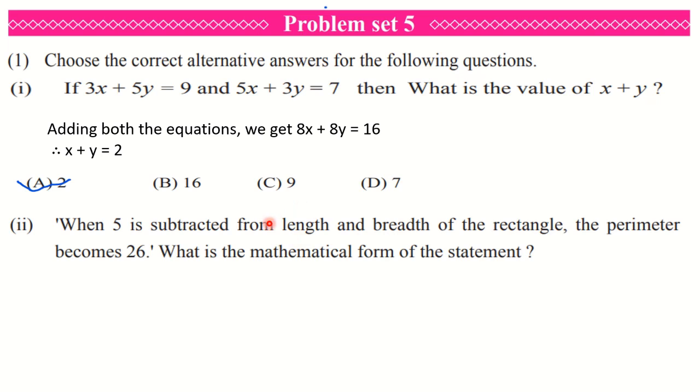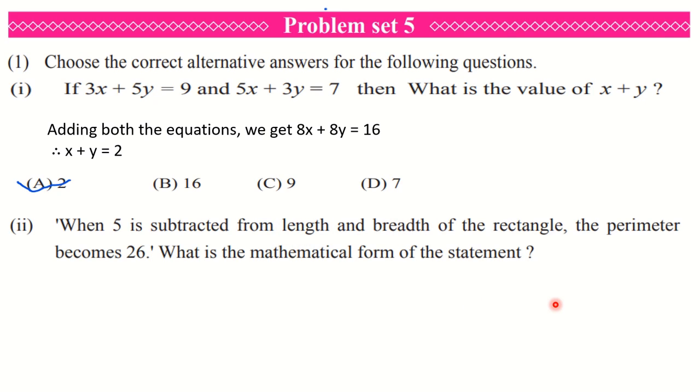For length we will take x and for breadth we will take y. Now 5 is subtracted from length and 5 is subtracted from breadth also. So the new length is x minus 5 and the new breadth is y minus 5.